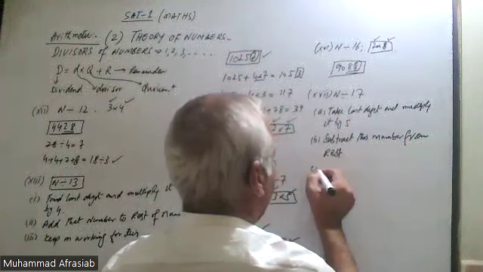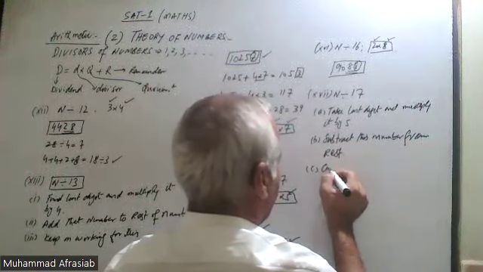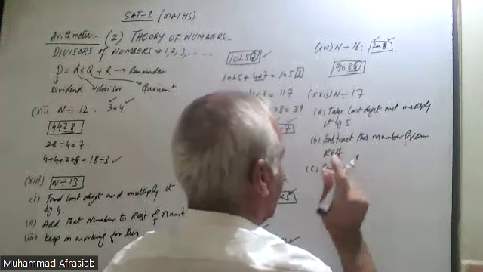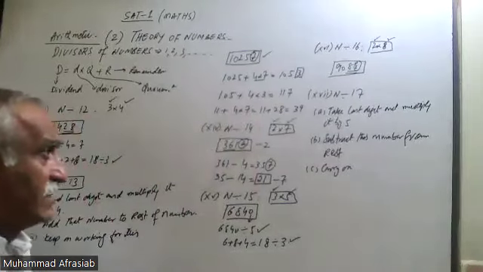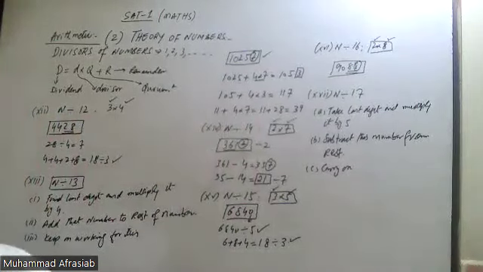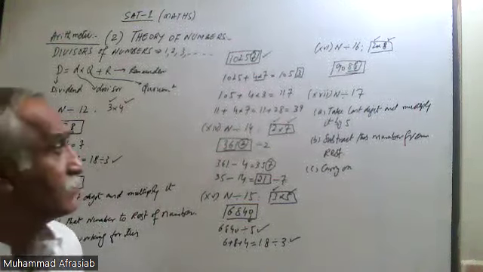And then carry on till the last number comes, and that should be the difference of these two. At the end, there should be either a 0 or a number divisible by 17. So we will follow this procedure.